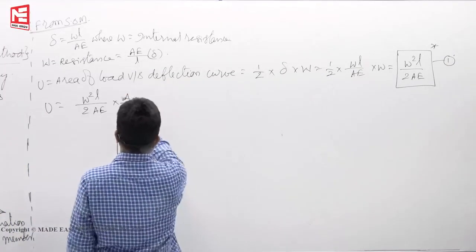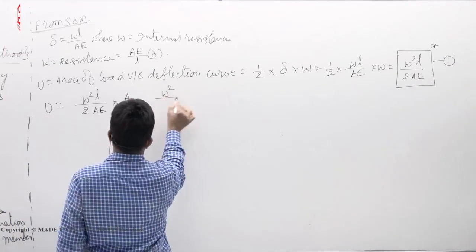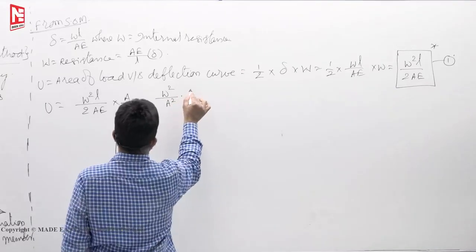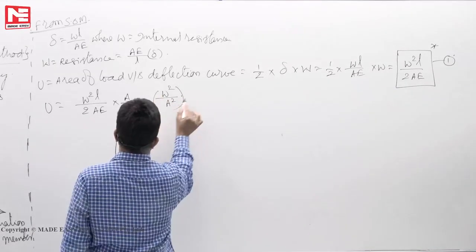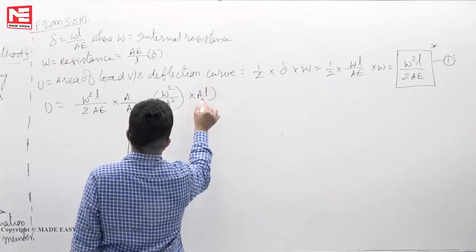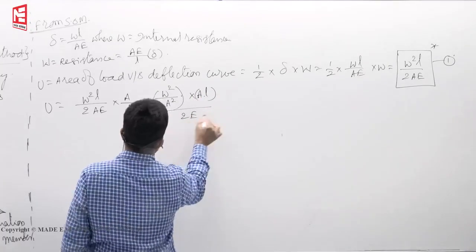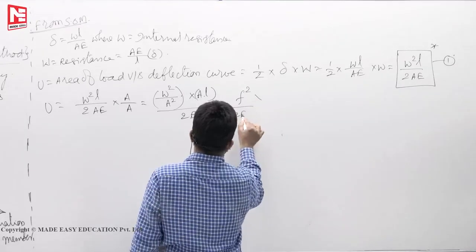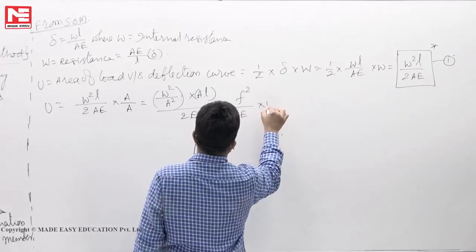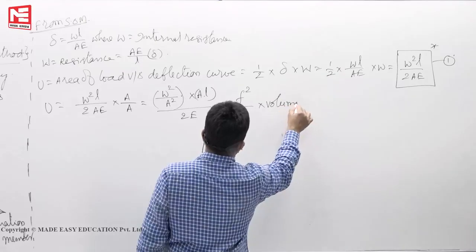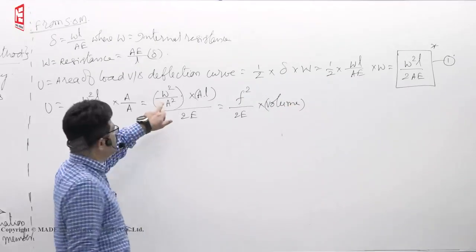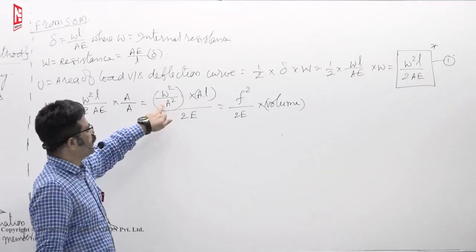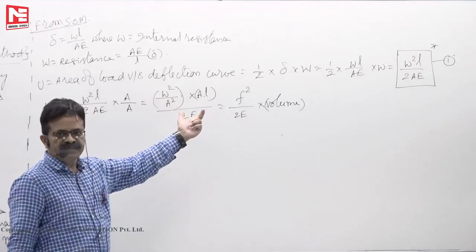This we simplify: W square by A square into A into L by 2E. W square by A square we know, F square by 2E into volume.